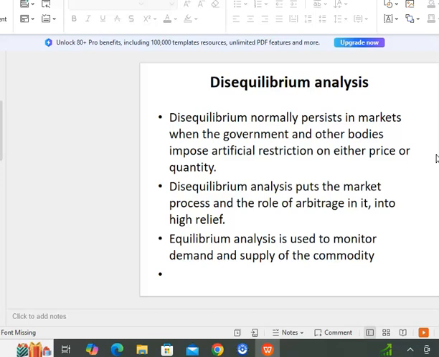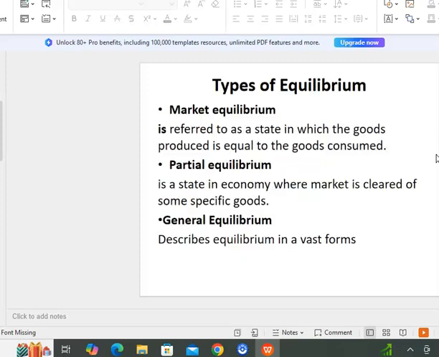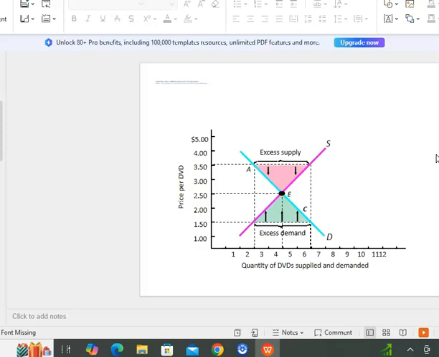And as we said, as we are discussing the excess supply and the excess demand, apart from the market forces of demand and supply, which restore the equilibrium point, the government may also intervene at some point to protect the interest of the supplier, so that the price is moved back to the equilibrium price when there is excess demand.